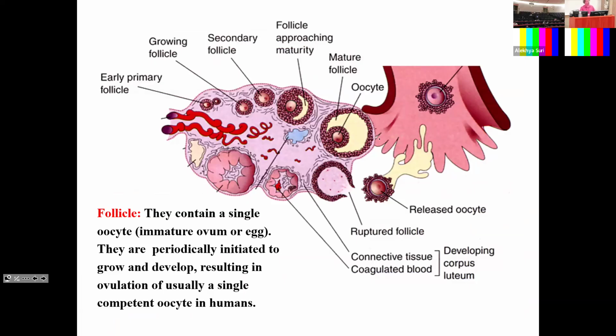Estrogen is responsible for that. And once it matures, it is released. And interestingly, the ovary and the fallopian tube are not completely sealed. There is some space there. So essentially, the oocyte is released into the void, okay?